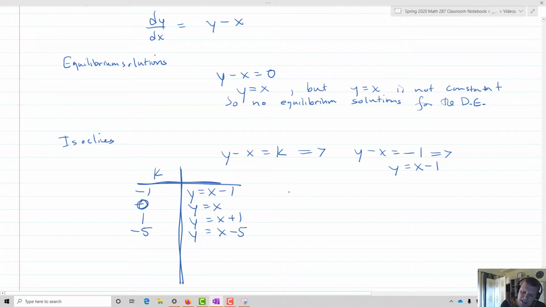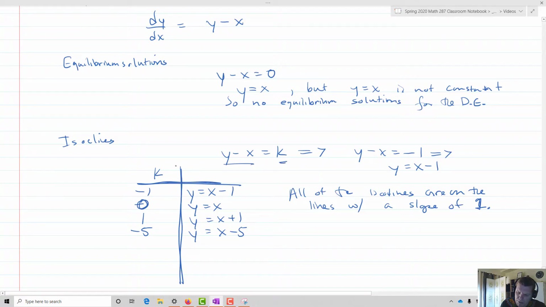And so what you'll see is that all the isoclines are lines with a slope of 1. Any line that has a slope of 1 is going to end up being an isocline here, because basically all we're going to do is set our differential equation equal to some constant, and we're going to end up with all of our isoclines. They're going to go up and down along the x-axis, and they'll all be these lines with slope of 1.